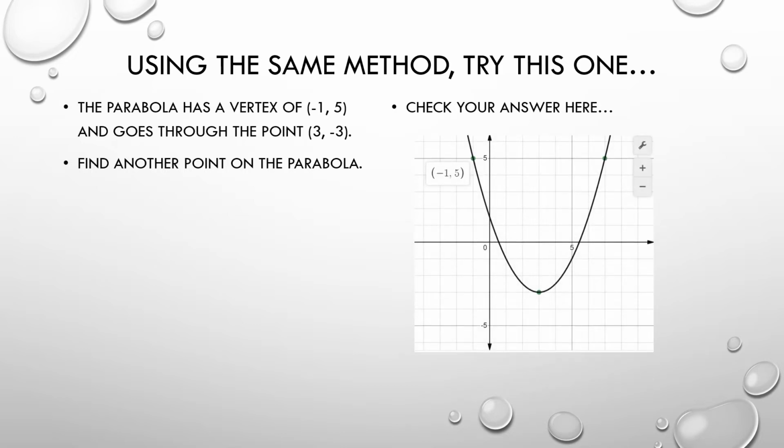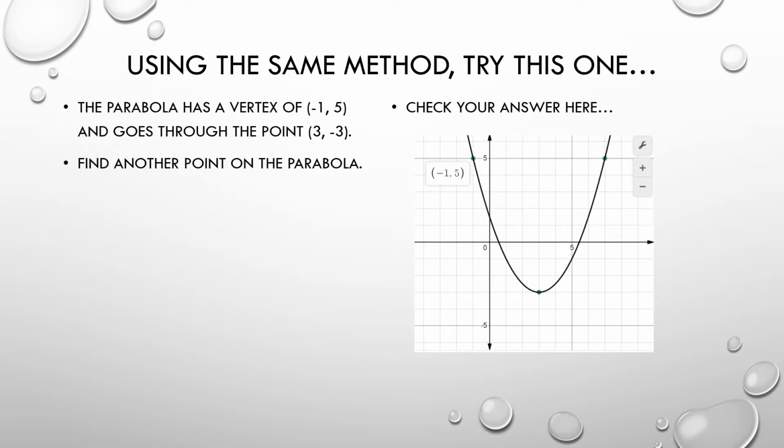You can pause the video here, and you can look at the vertex and look at what you know to be your points on the parabola. And so that's the first part of this activity: figuring out if you know the vertex and you know a point that is on the parabola, how can you locate a third point?